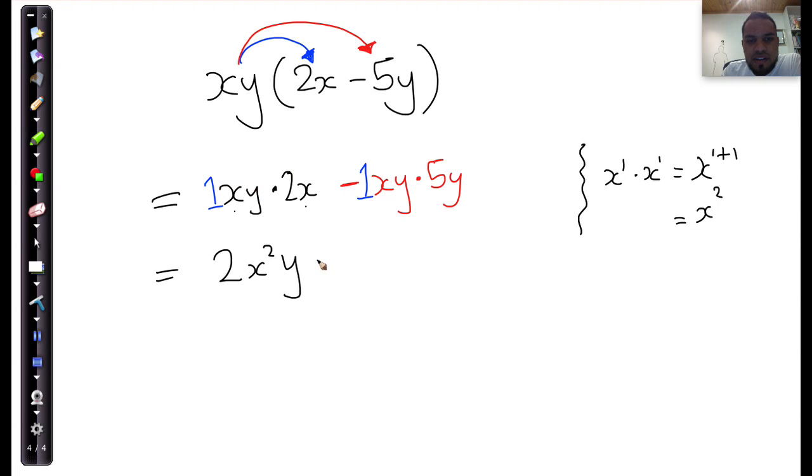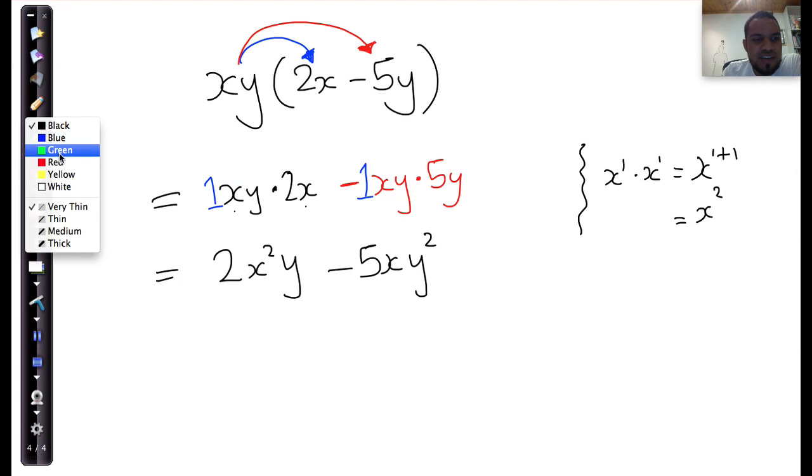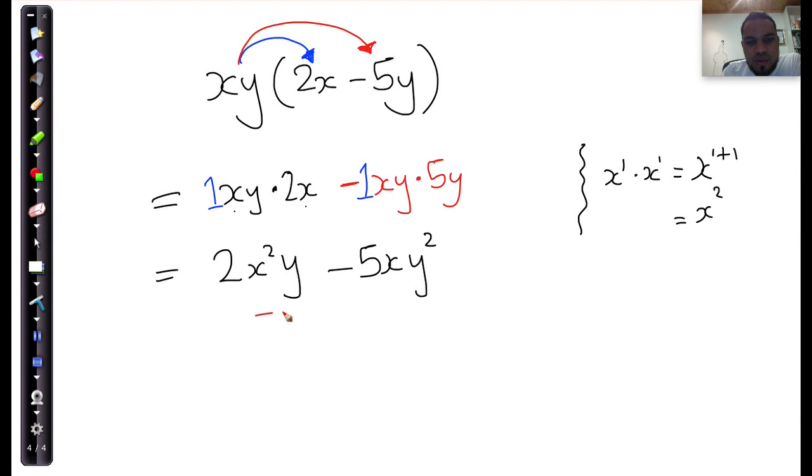Now let me go further. This here is a negative multiplied by a positive. It's 1 times 5, so it's going to be negative 5. Then you just see an x, and then y multiplied by y is y squared. And now you see that this thing over here is counting x squared y's, and this thing over here is counting x y squareds.